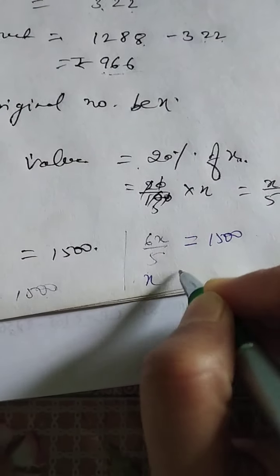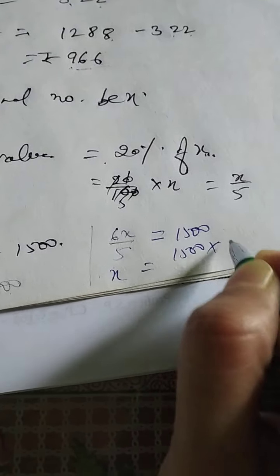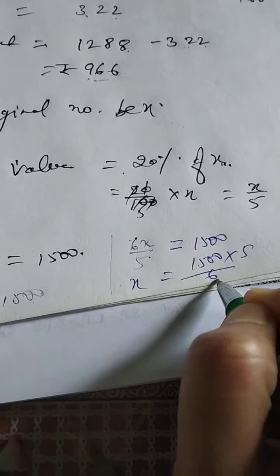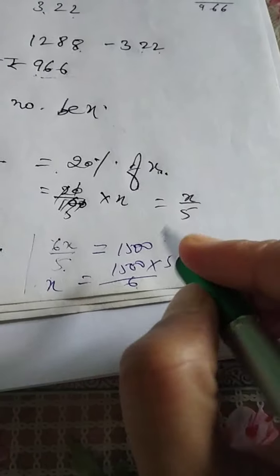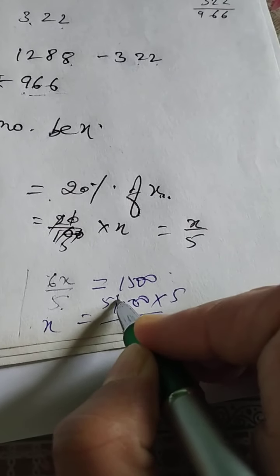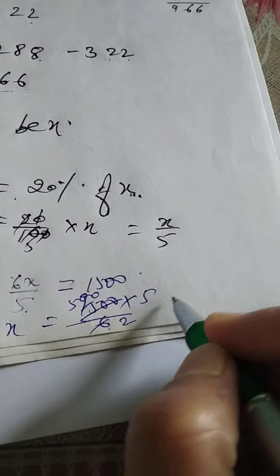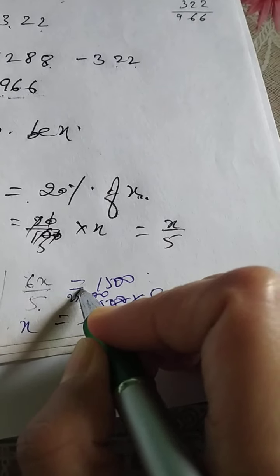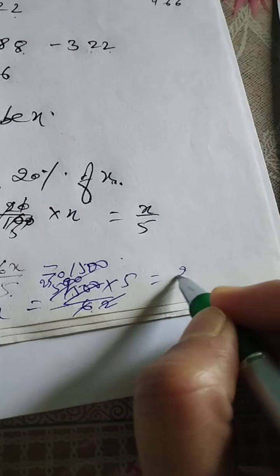Then x is equal to what? 1500 into 5 by 6. This will come in divide and this will go in multiply. Okay. Now 3 2s are 6, 3 5s are 15, 0 0. Then 2 25s are 50. We will get here 250 into 5.